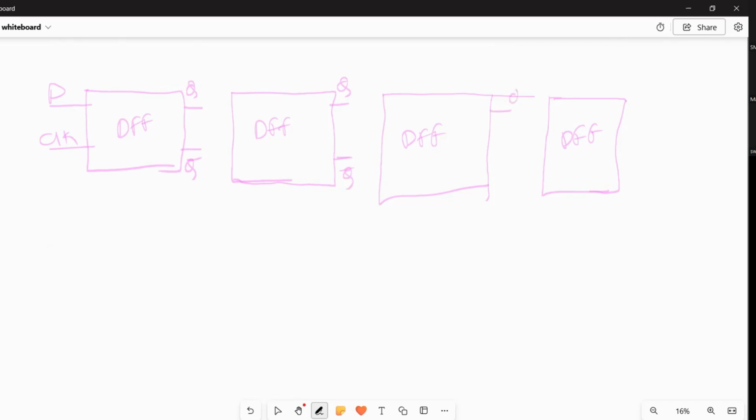Here again Q output, Q bar output. Here also again D input, clock input. D input, clock input. This is what? Clock input. This is D input.